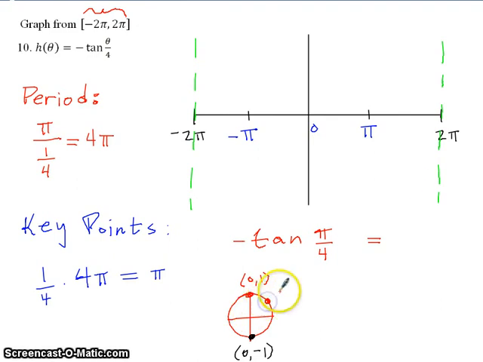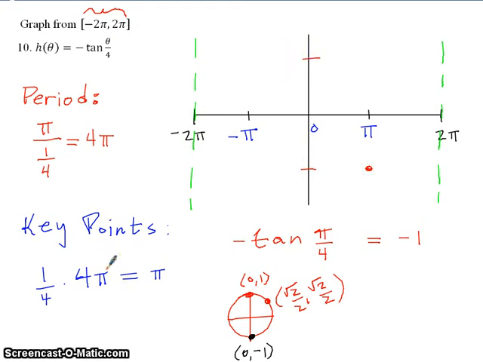That pi over 4 takes us here, and that gives us root 2 over 2 divided by root 2 over 2, and that gives us a 1. So we have a negative times 1, which is a negative 1. So at pi, we're going to have a negative 1 right here.